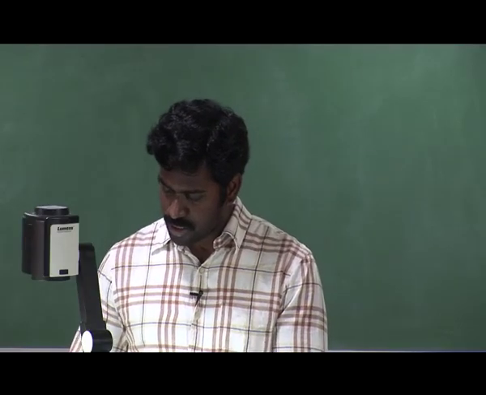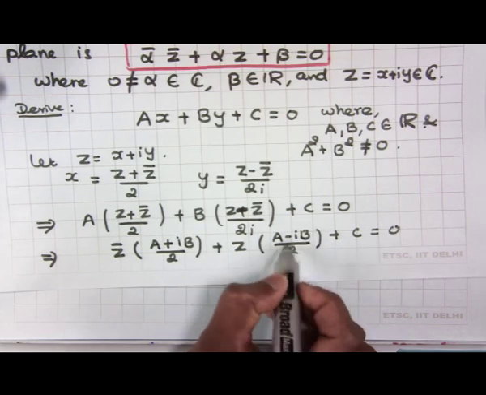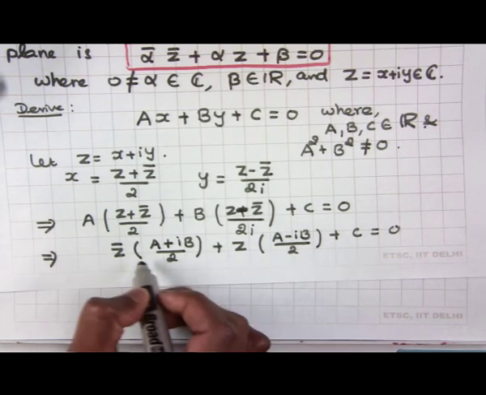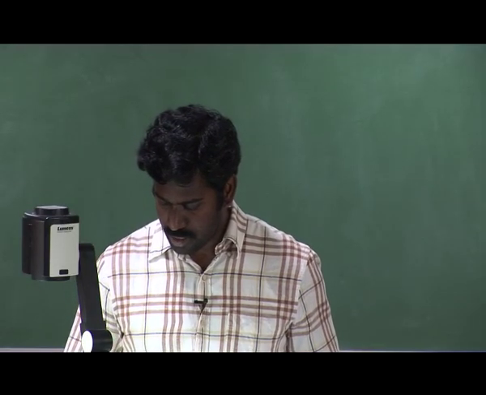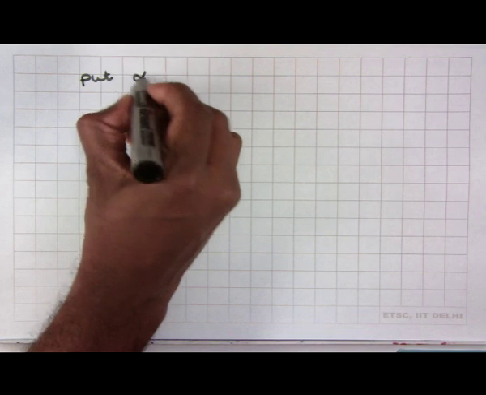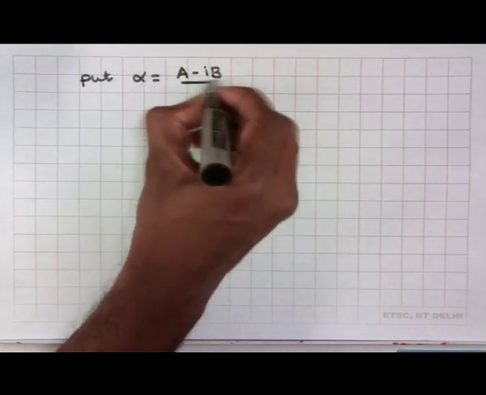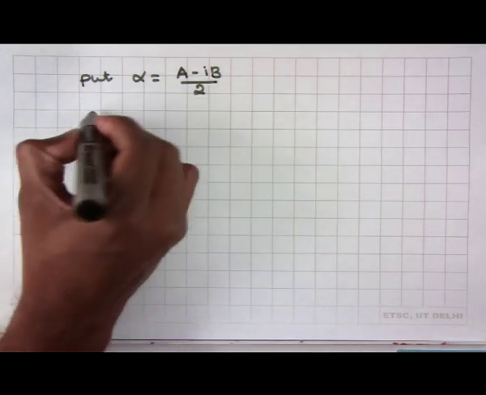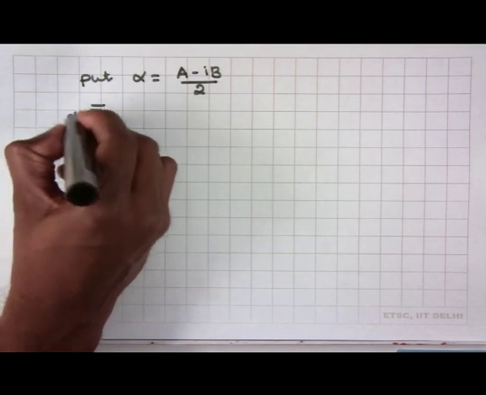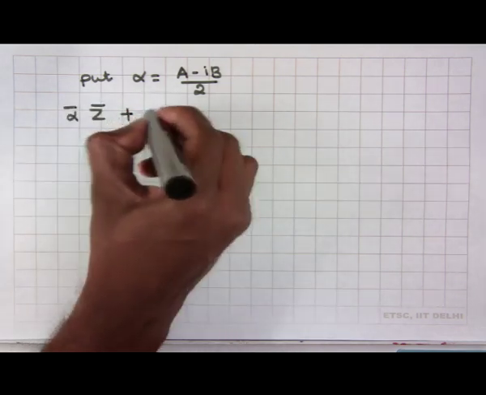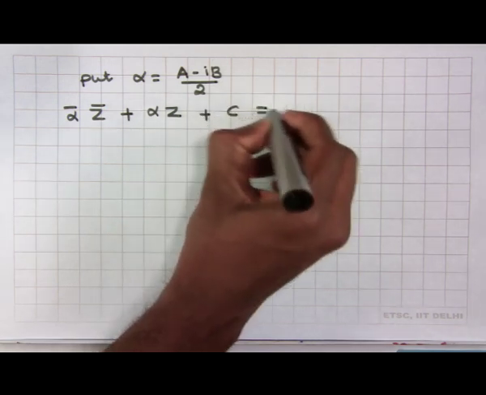If we substitute alpha as (a - ib)/2, then we get alpha bar times z bar plus alpha z plus c equal to 0.